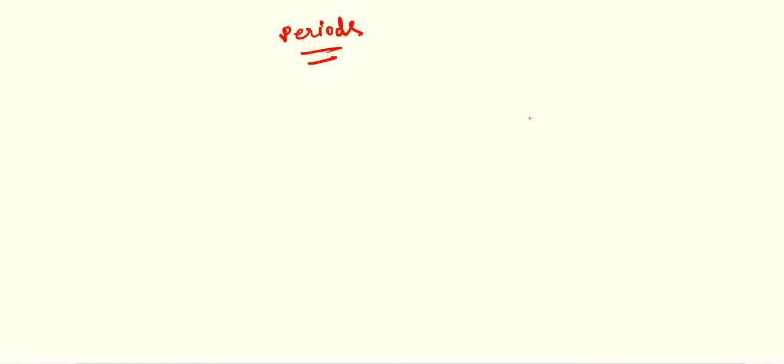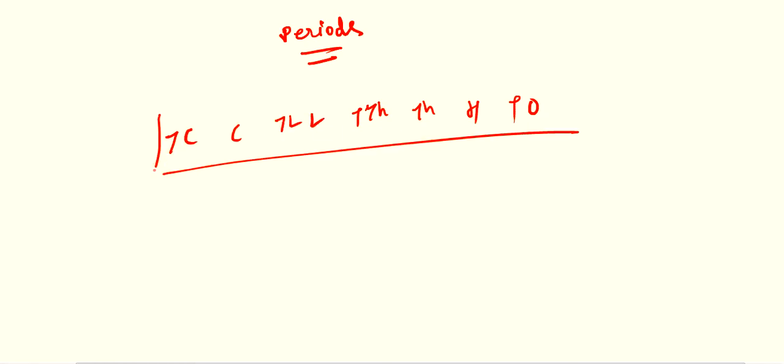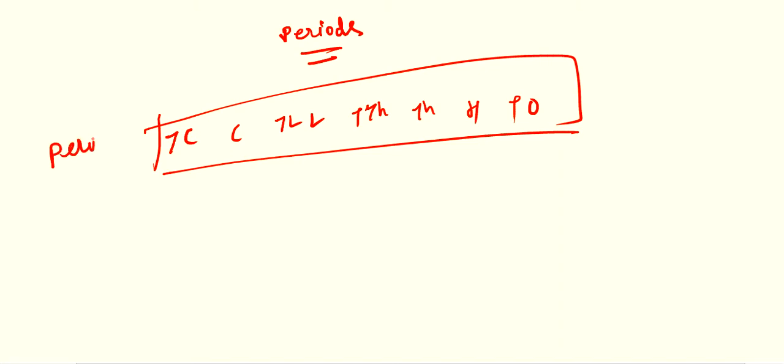You know well about ones, tens, 100, then 1000, 10,000, then lakh, 10 lakh, crore, 10 crore, like this. So these are your system in which this is considered as periods. I will explain in a table now.